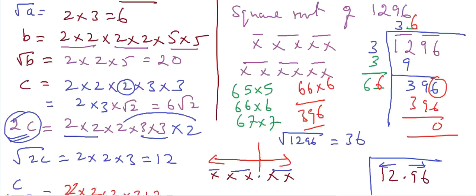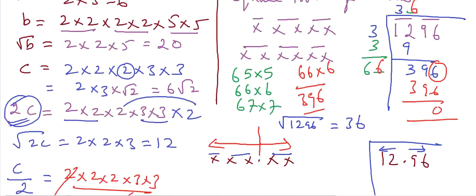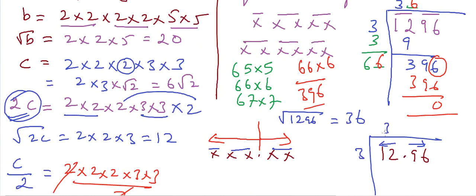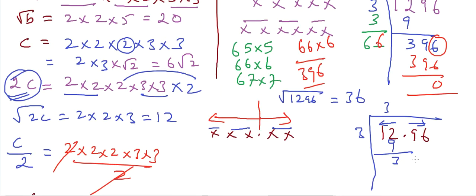See here, how many times did we find? 3 times. So 3, 3, 9, 9, remainder 3. Now we take the next pair of digits, so we get 96. But since we are taking the digits after the decimal point, we need to place a point in the quotient.